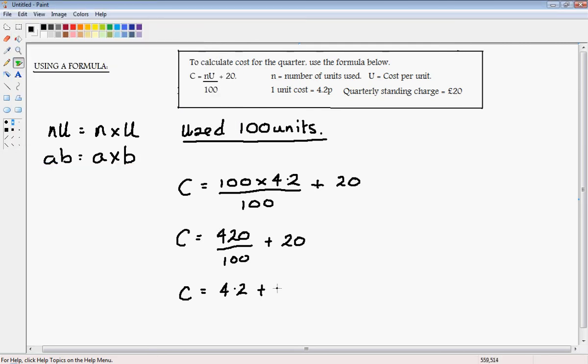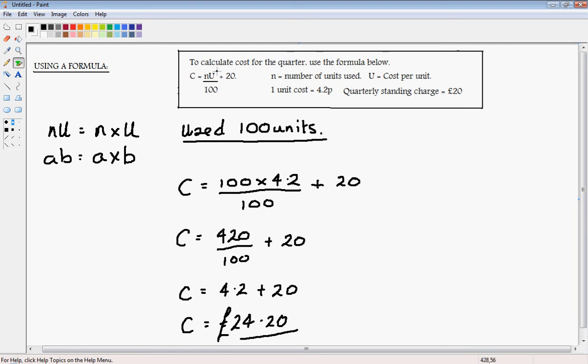Now this we can add to our 20, because this is 4.2 pounds, or 4 pounds 20. So our cost would be 24 pounds and 20p.